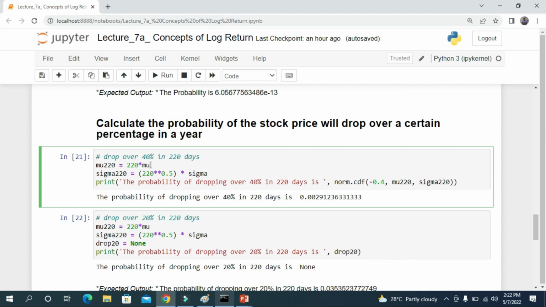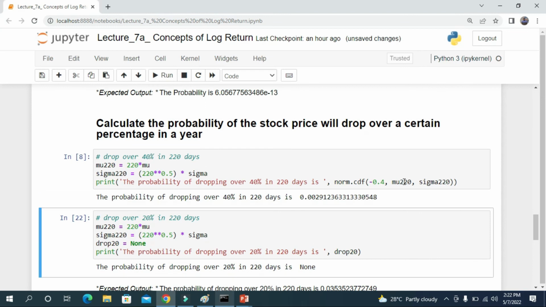Standard deviation is also calculated. 220 is the number of trading days, and the double multiply means exponent. 0.5 means you can say it 1/2 and multiply by sigma. Sigma is also calculated, and for the probability of dropping 40% in a year you have used -0.4, and these two values. Now we can calculate the dropping over 20%.